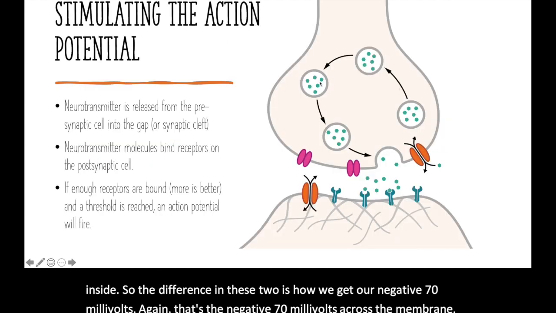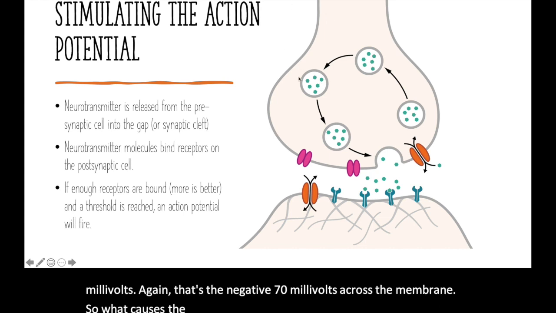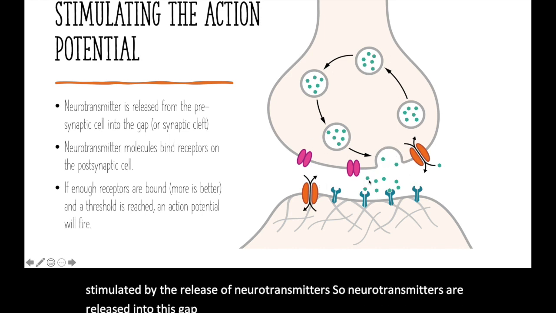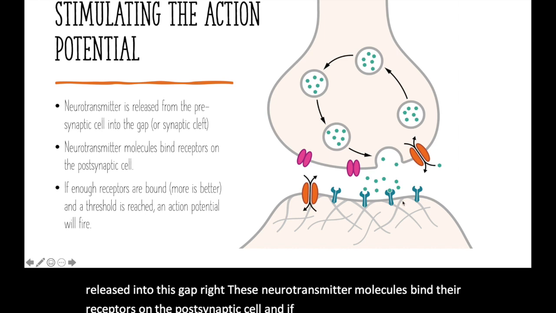So what causes the action potential? Well, the action potential is stimulated by the release of neurotransmitters. Neurotransmitters are released into this gap, right? These neurotransmitter molecules bind their receptors on the postsynaptic cell, and if enough receptors bind, this changes the polarization just ever so slightly.